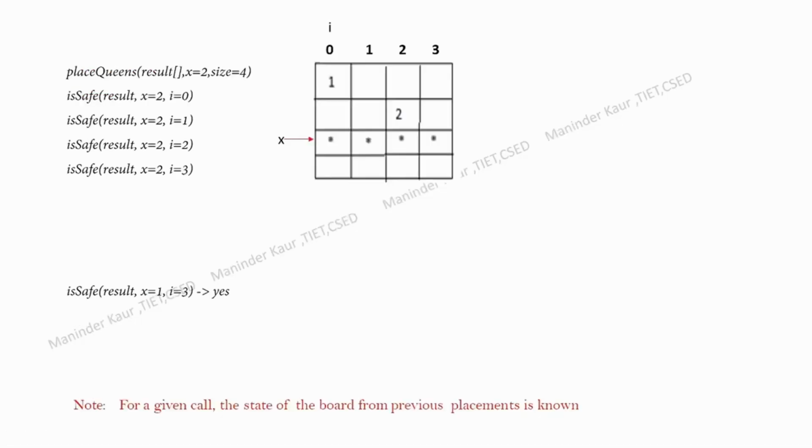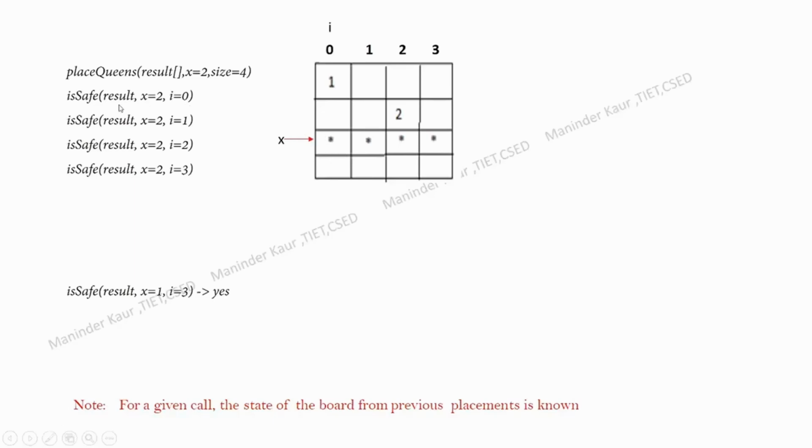Now afterward, the program will move further to place the queen at the third row, or I can say second index, into the proper position. Now after placing the previous queens, the third queen has to be placed.